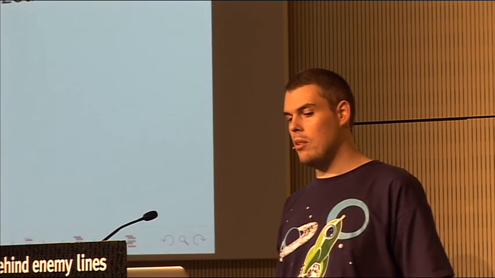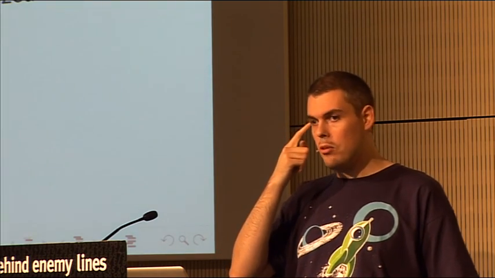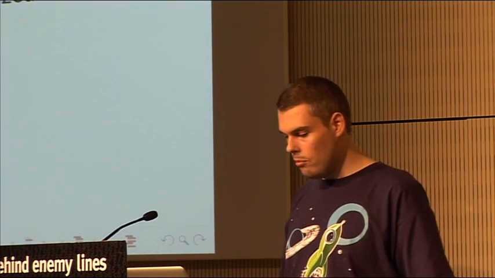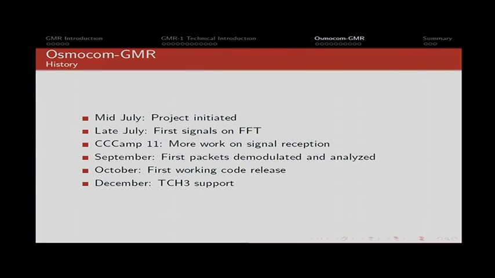And finally, around mid-September, we had the first packet being demodulated, and we started analyzing them. It took some time to clean the code and make something that we could release and that other people could use. That happened somewhere in October. And more recently, we added support for TCH3 channel types.